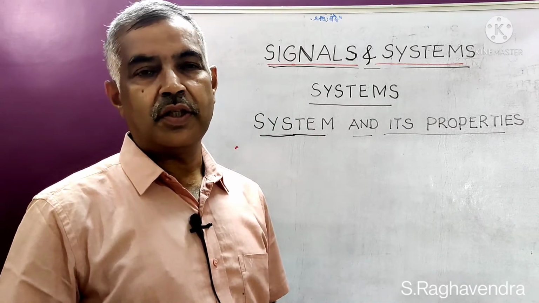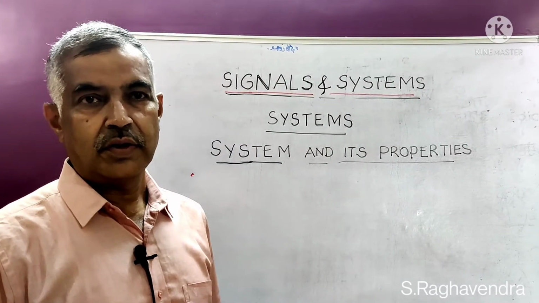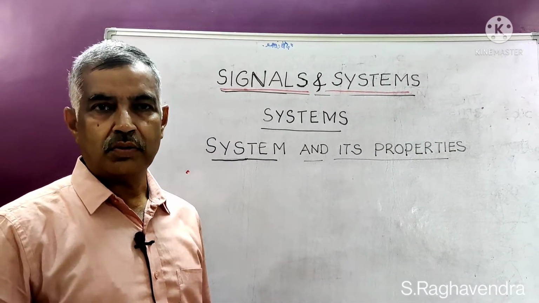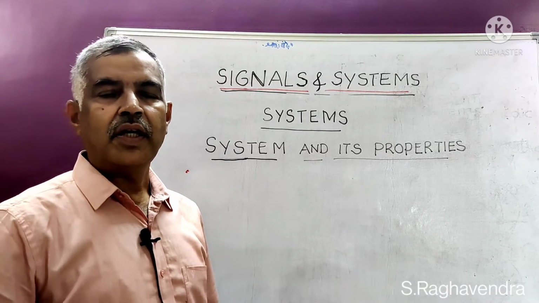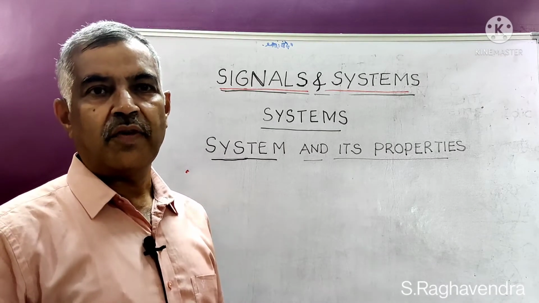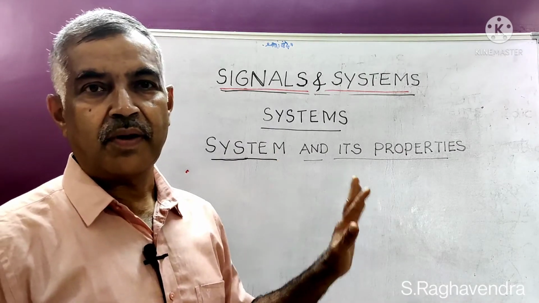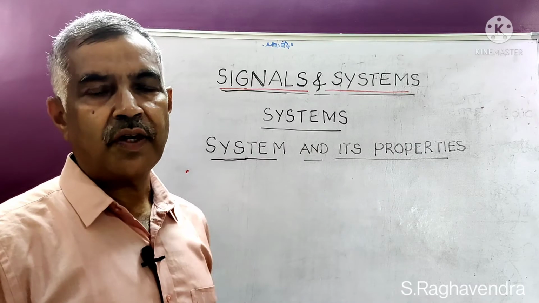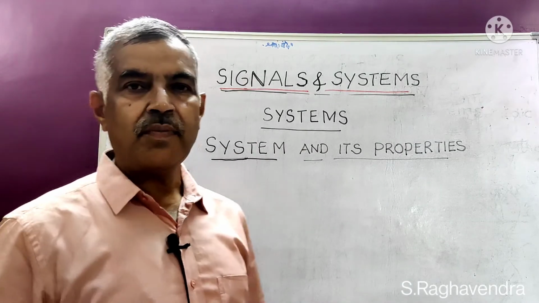In the last class I concluded the properties of signals by going through some of the properties, and I also explained what is mod sign. Now next is system, very important. As I said in the beginning itself, you can't separate system from signals.